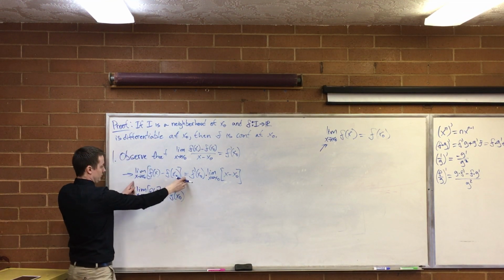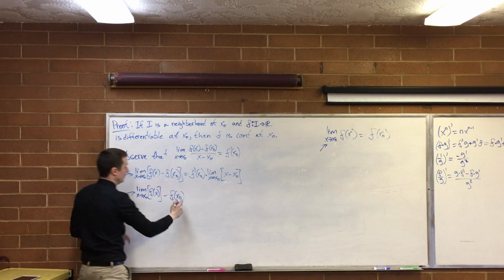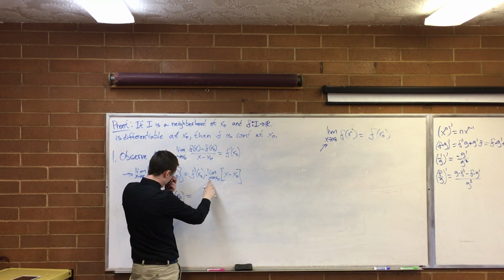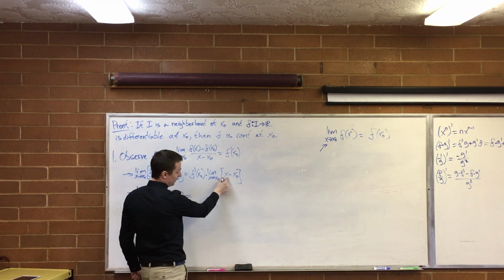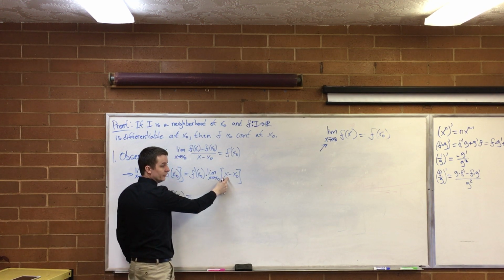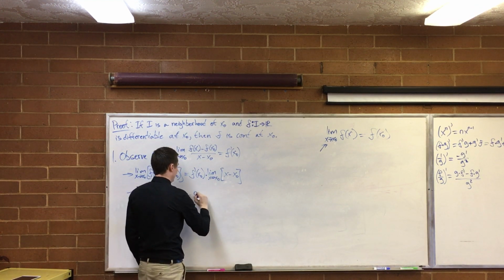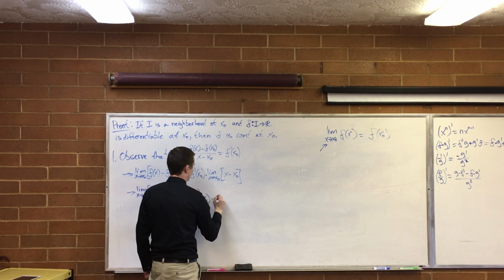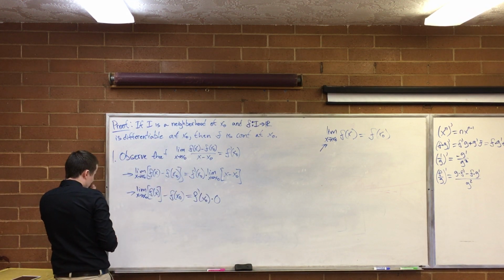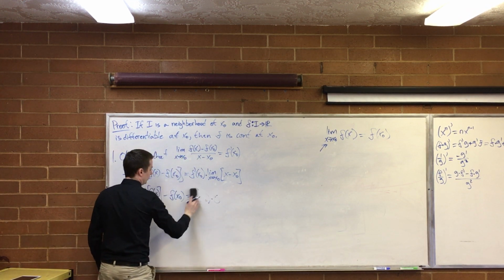You good with this? Is equal to, what's the limit as x approaches x naught of x minus x naught? X naught minus x naught is 0, so the limit of this whole thing is 0. So f prime of x naught times a big fat 0. Maybe we'll just write 0 over here altogether.